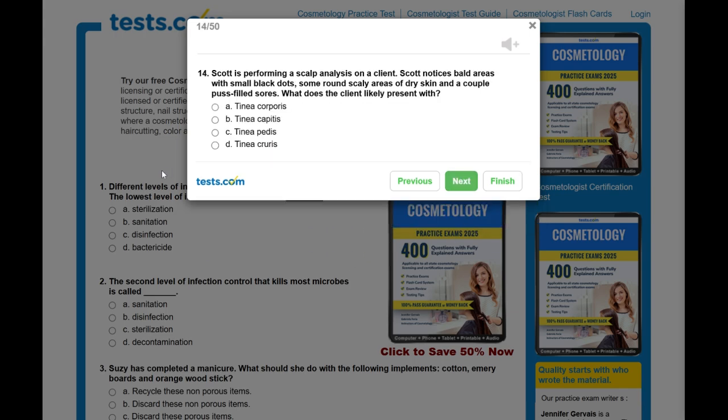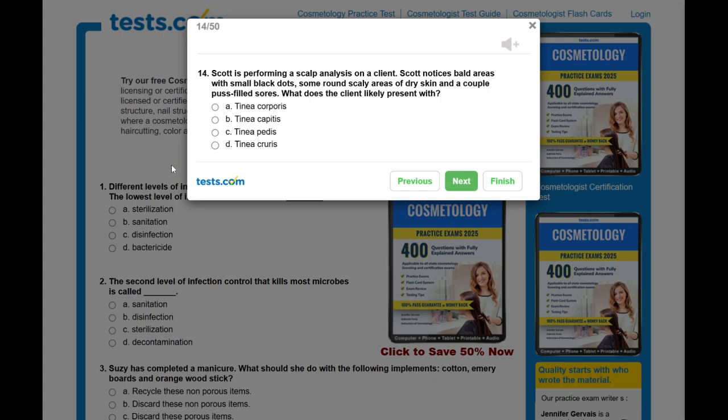Question 14. Scott is performing a scalp analysis on a client. Scott notices bald areas with small black dots, some round scaly areas of dry skin, and a couple of pus-filled sores. What does the client likely present with? A. Tinea corporis. B. Tinea capitis.